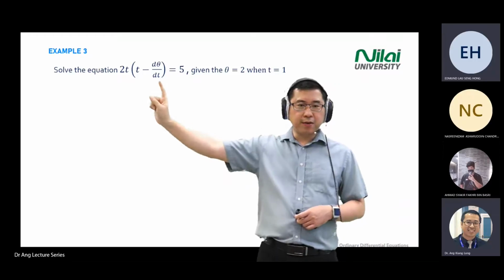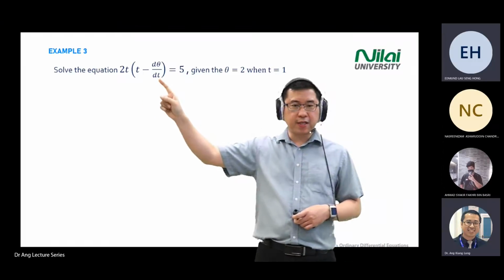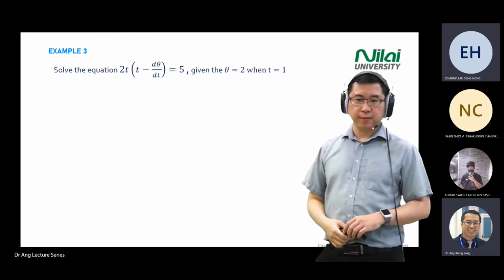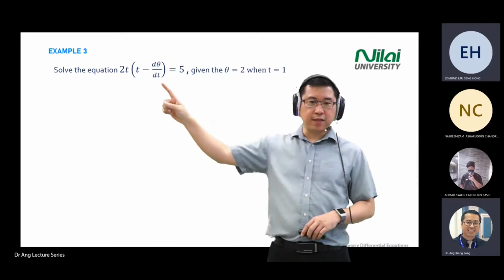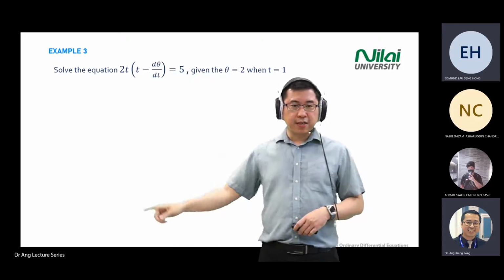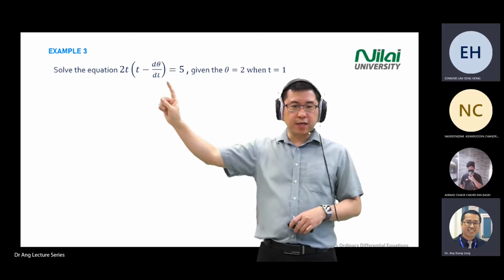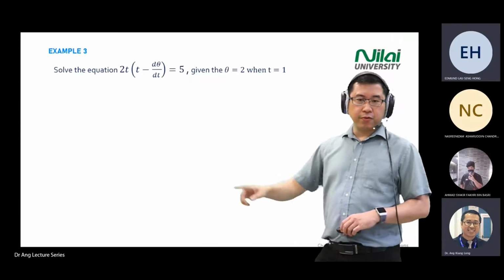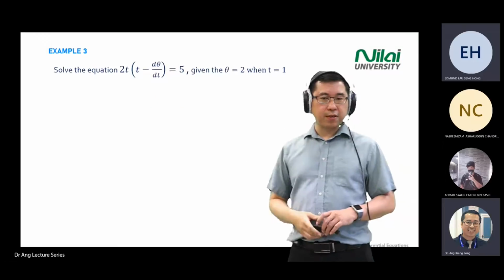Give me the answer, Edmund: d theta dt equals what? You know that the first step is to write d theta dt, right? Give me the full answer. Rearrange this equation.